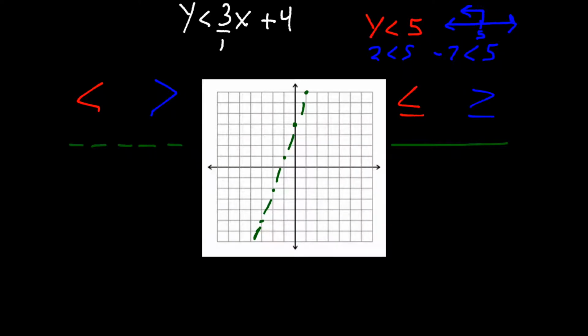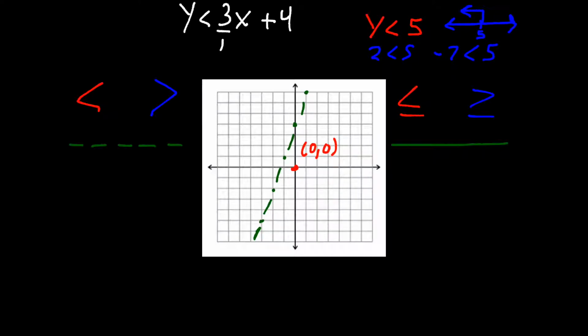My suggestion is to check the origin. This is 0, 0. That is your origin. And what I mean by that is I'm going to take these points here and I'm going to plug them into my y and my x up here.